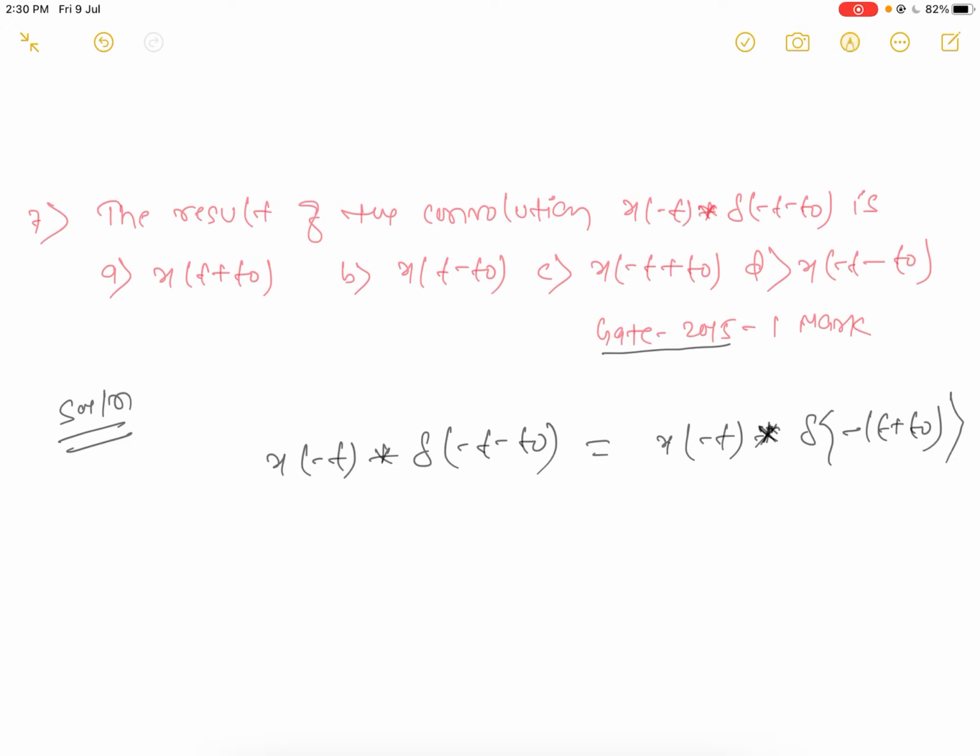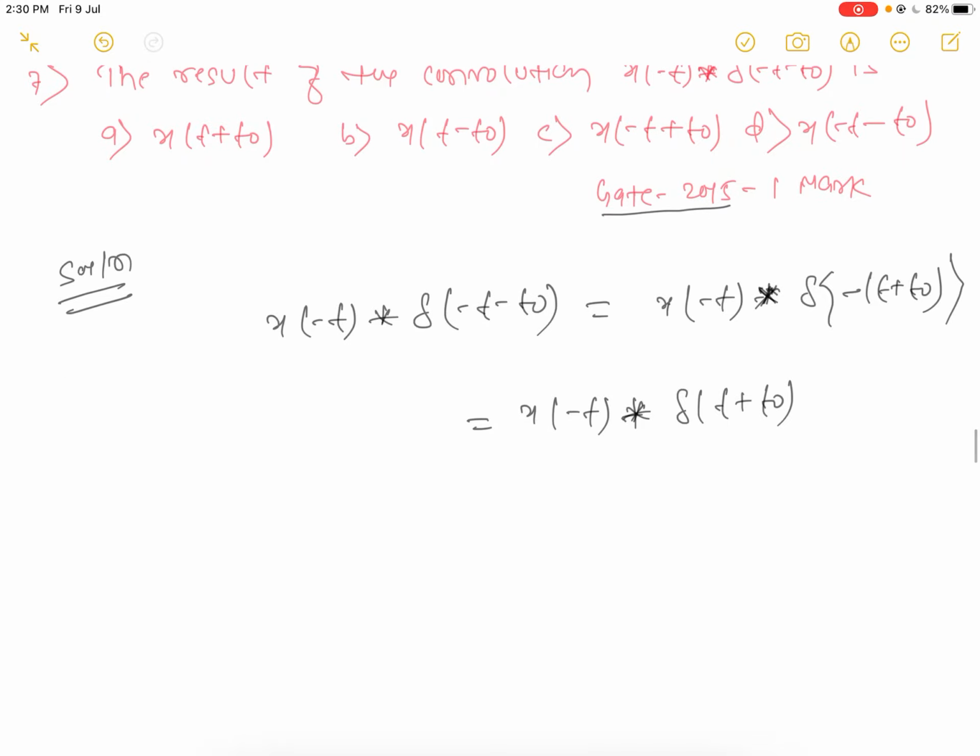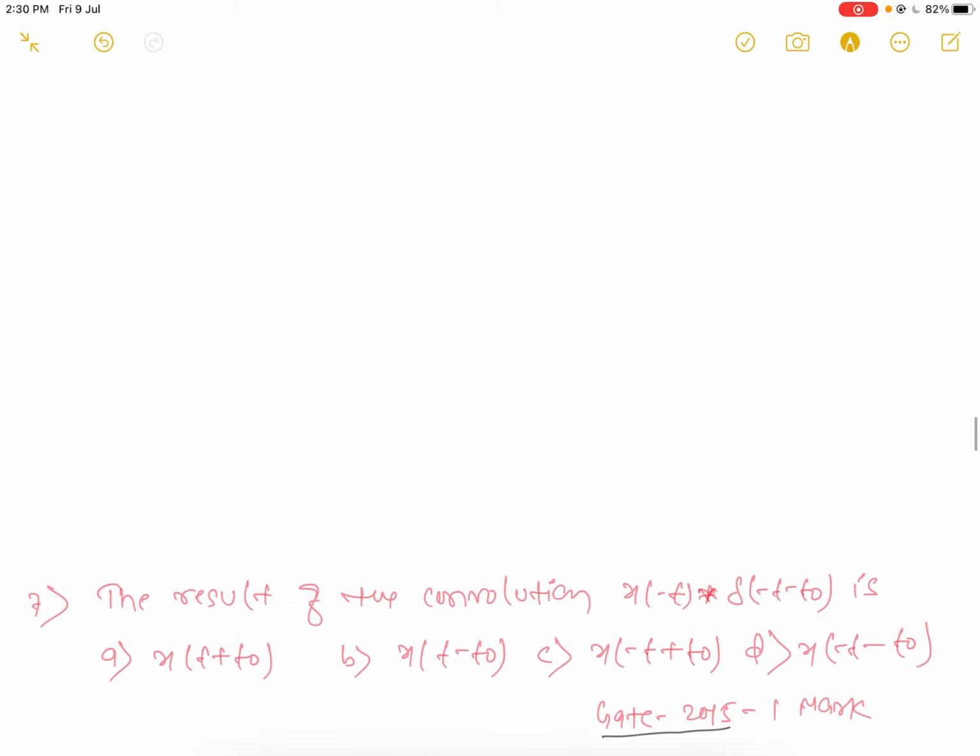Then we can write it as x(t) convolution delta(t plus t0), because we know that delta(minus t) will be equal to delta(t).